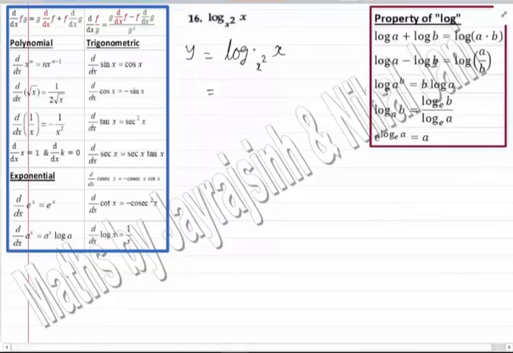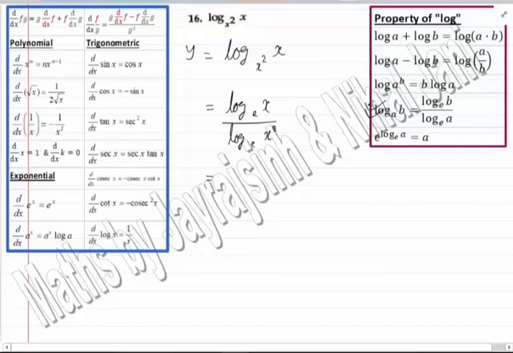First of all, we should get base e, right? So let's use the fourth property. First of all, we will get log x base e upon log x square base e, right? So now we get base e. Now we have to simplify.